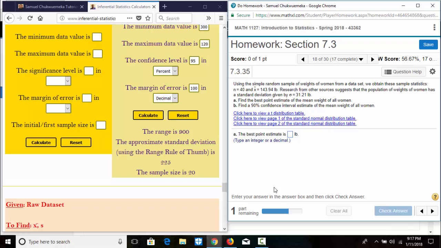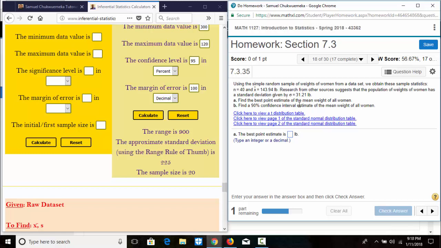That's the population standard deviation, 31.21 pounds. They gave us the sample size, 40 women. They gave us the sample mean, which is 143.94 pounds.